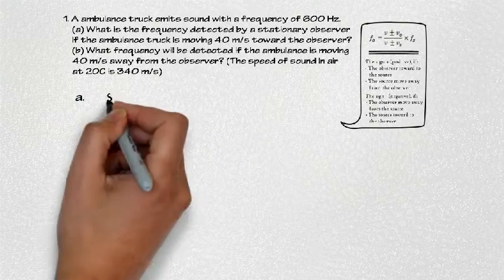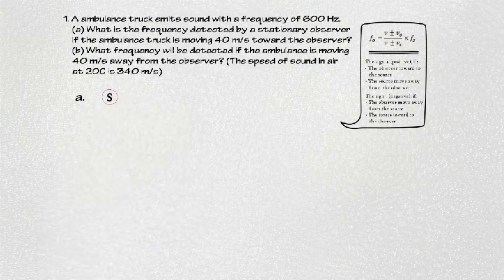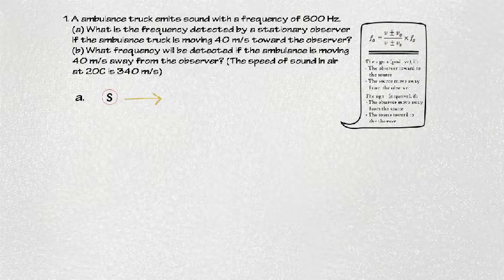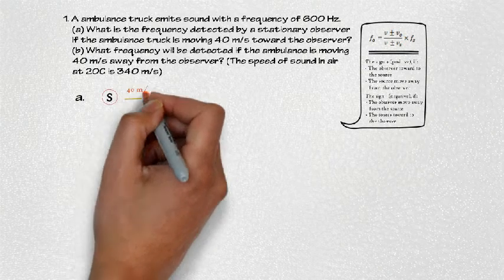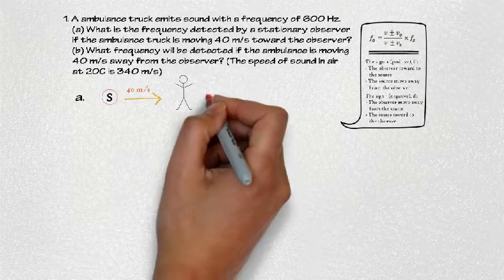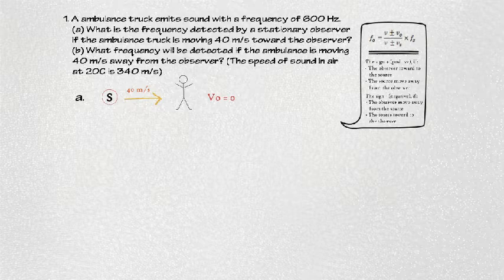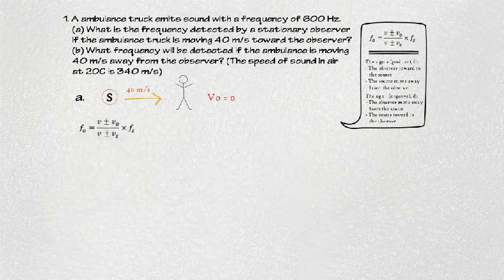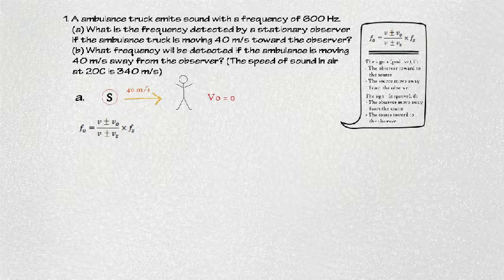For point A, the source is moving 40 meters per second toward the observer, so the velocity of the observer is 0. To calculate the frequency of the observer, we use this formula.